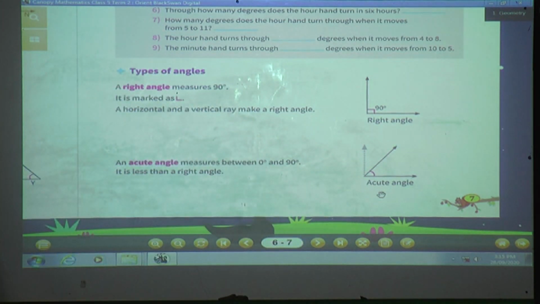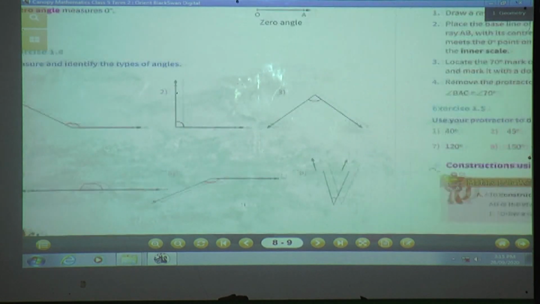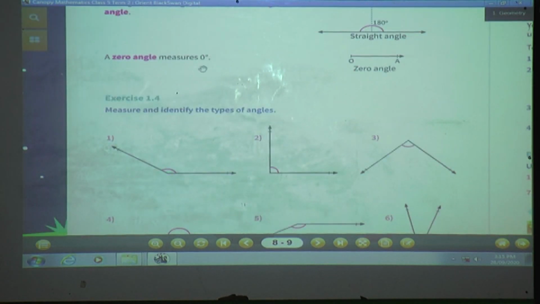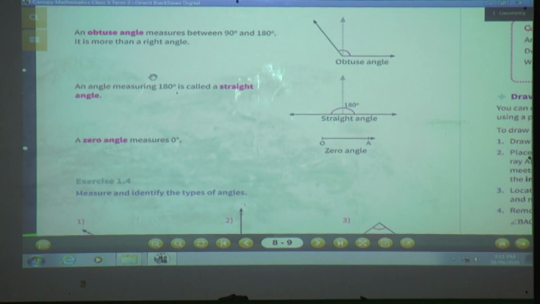Now next one, an obtuse angle. See students, an obtuse angle measures between 90 degree and 180 degree. It is more than a right angle.